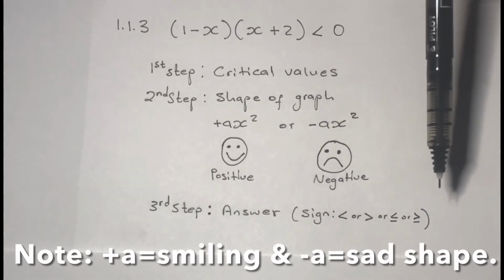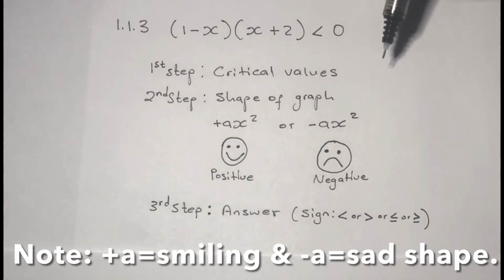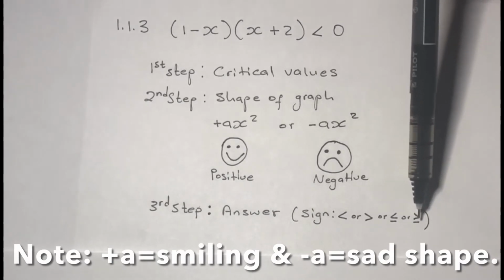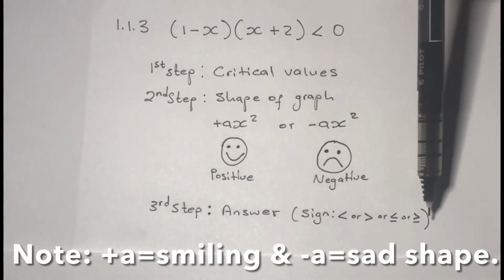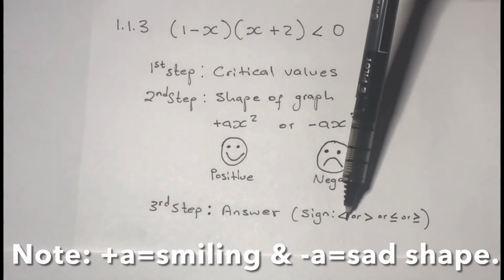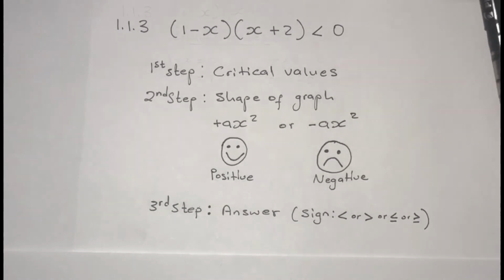So if it was a less than and equal to, then you'd either have a less than or equal to or a greater than or equal to as part of your final answer. But in this case, you can only have either less than or greater than.